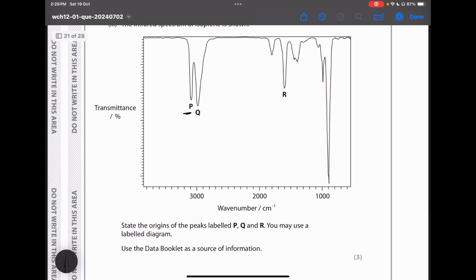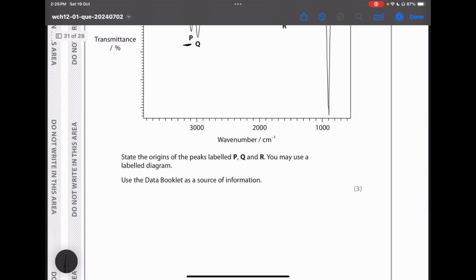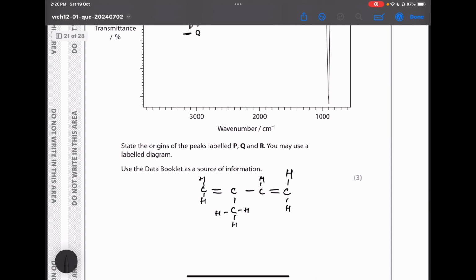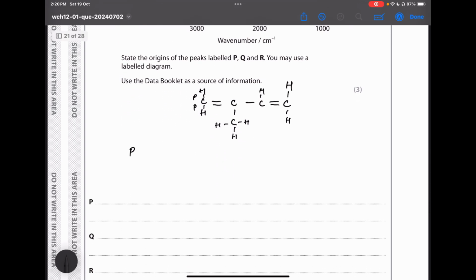alkenes, right? So let's just first draw it, okay, to make it easier. So CH double bond C, we have a CH3 here, which is connected to H and double bond, right? This was our isoprene, right? Now the P is due to this one. So P, okay, they have given spaces over here.